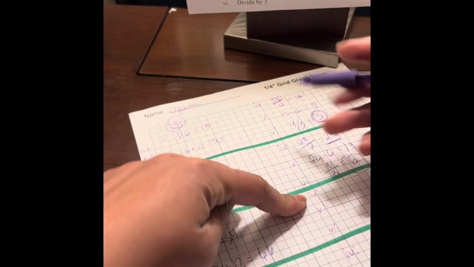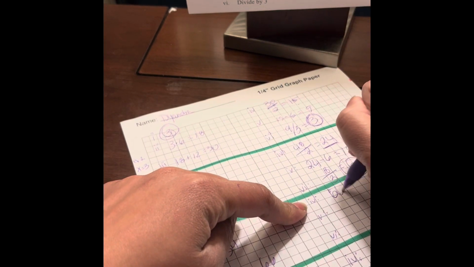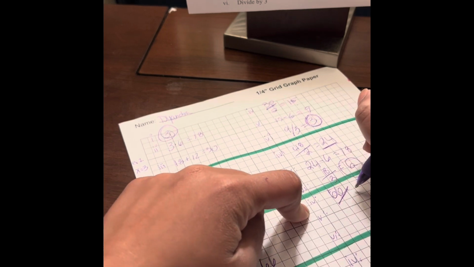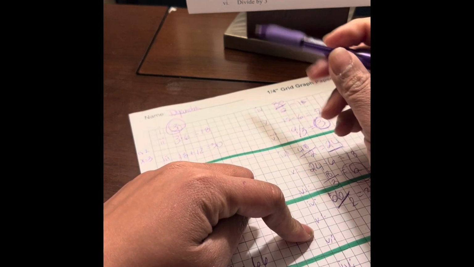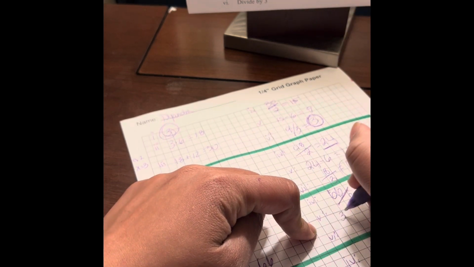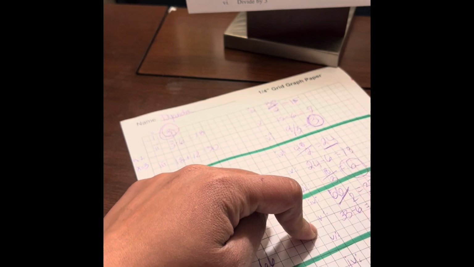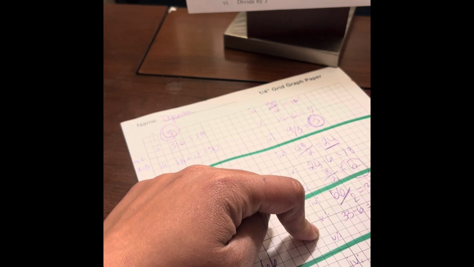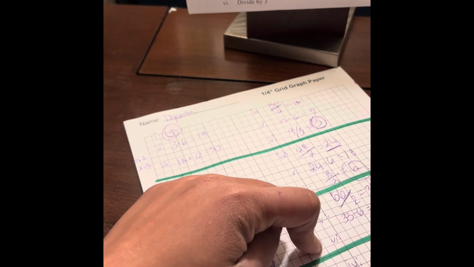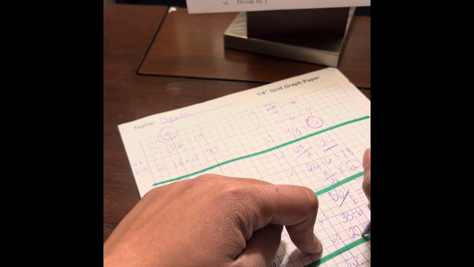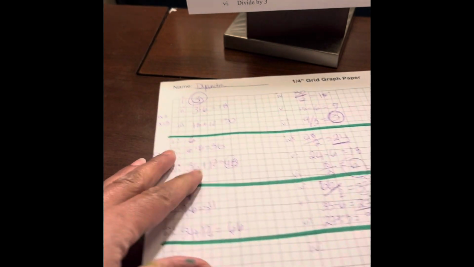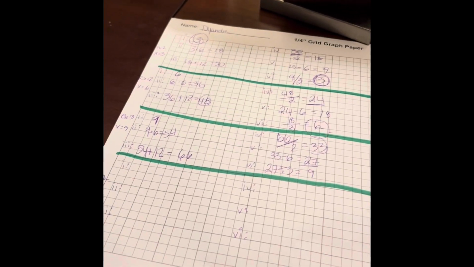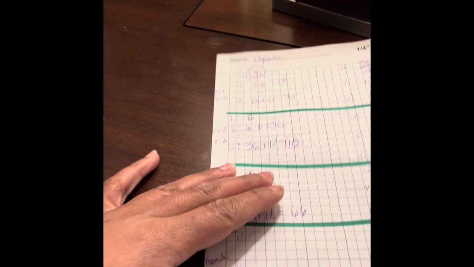Sorry, that was step 3. Step 4, we're going to do 66 divided by 2 equals 33. Step 5, we're going to subtract 6. So we're going to do 33 minus 6. This number is 27. Our last step, we're going to do 27, and they want us to divide by 3 equals 9.